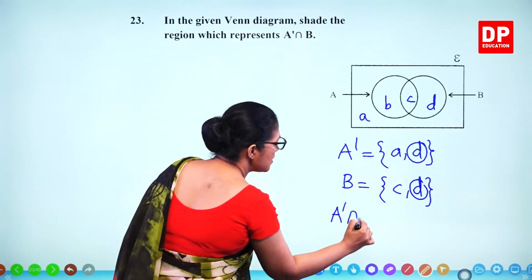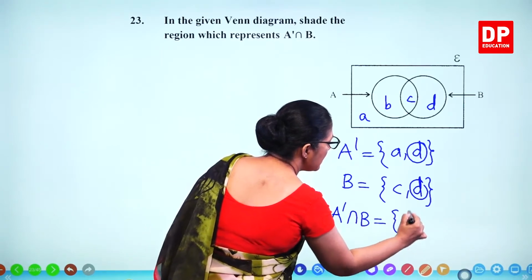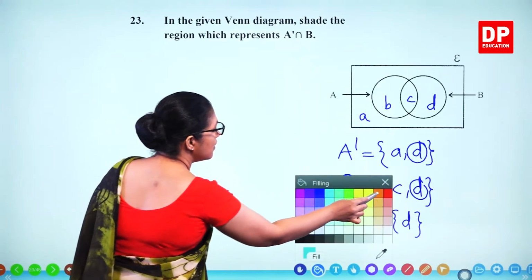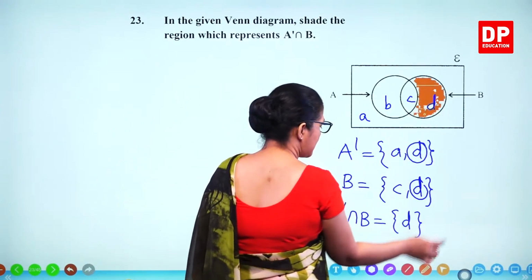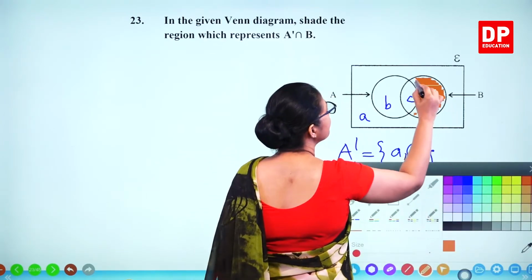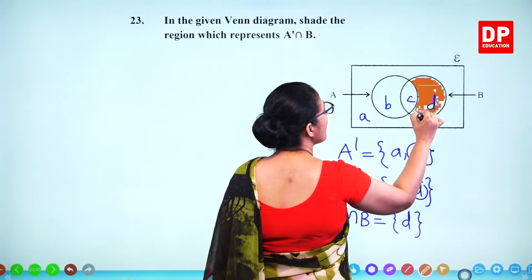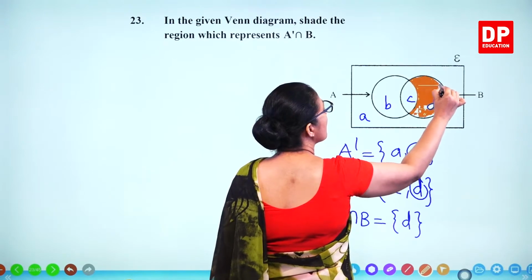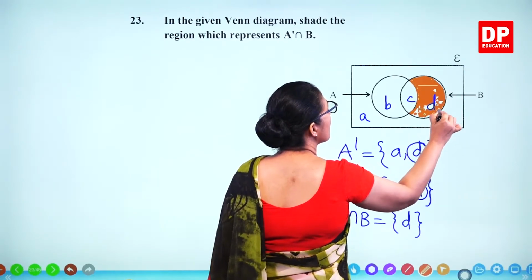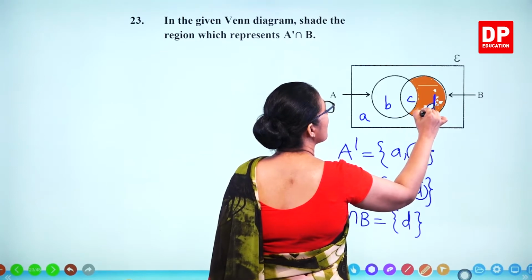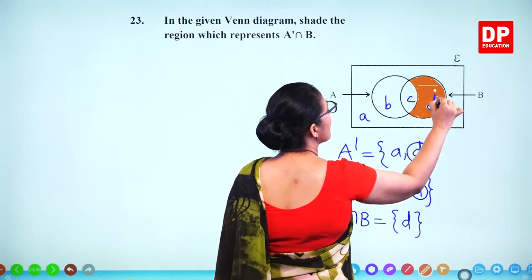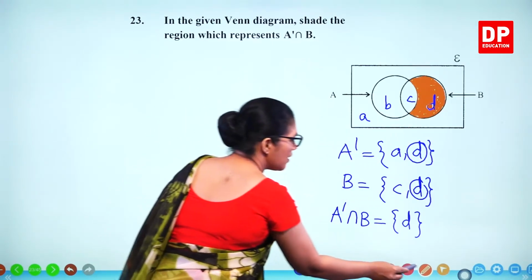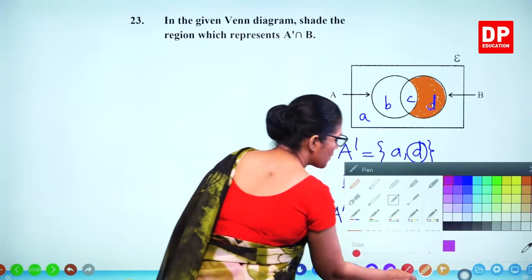So A dash intersection B is only D region. So we need to shade that. So this is the required region. You get 2 marks for that.